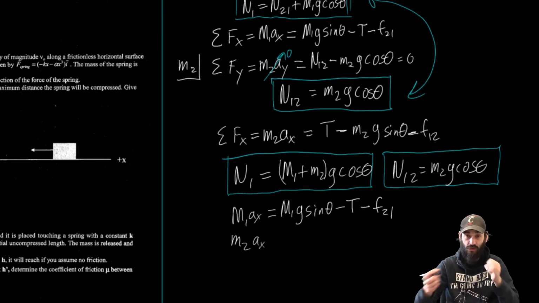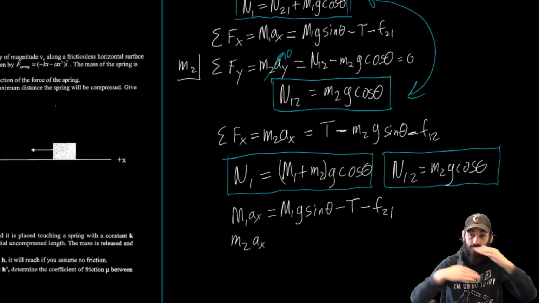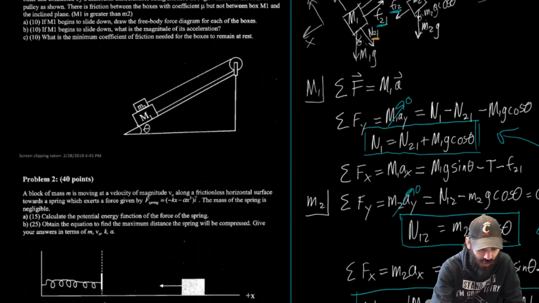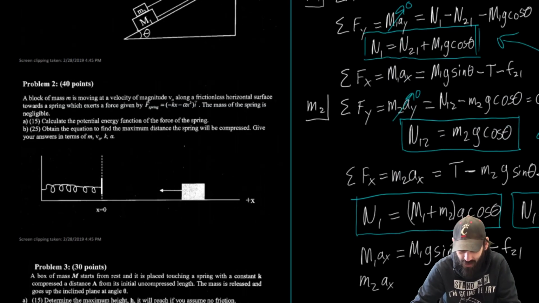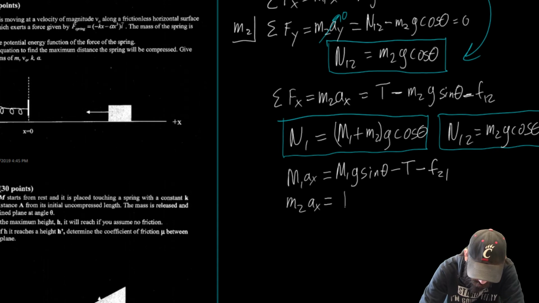The string is a fixed length, so they're not accelerating relative to each other. They're keeping constant distance along the string. So these have the same acceleration, and this is going to be equal to T minus M2g sine of theta minus F12.